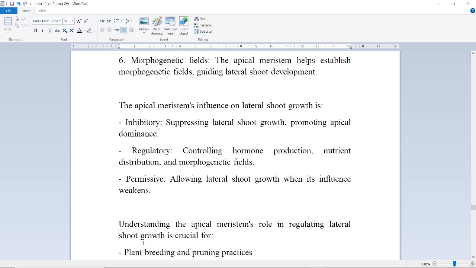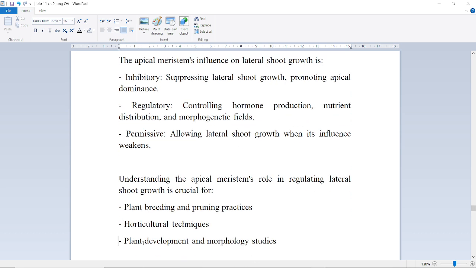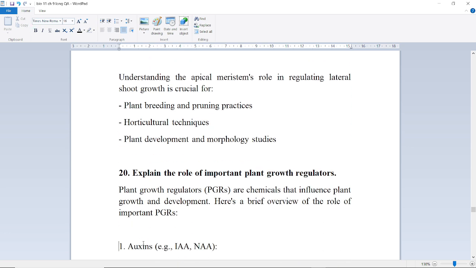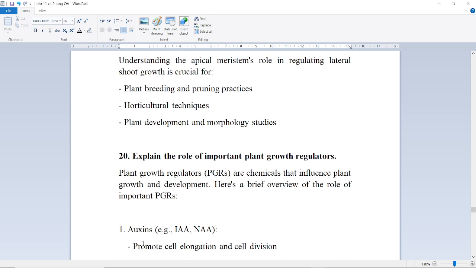The apical meristem's influence on lateral shoot growth is inhibitory, suppressing lateral shoot growth, promoting apical dominance; regulatory, controlling hormone production, nutrient distribution, and morphogenetic fields; permissive, allowing lateral shoot growth when its influence weakens. Understanding the apical meristem role in regulating lateral shoot growth is crucial for plant breeding and pruning practices, horticulture techniques, and plant development and morphology studies.